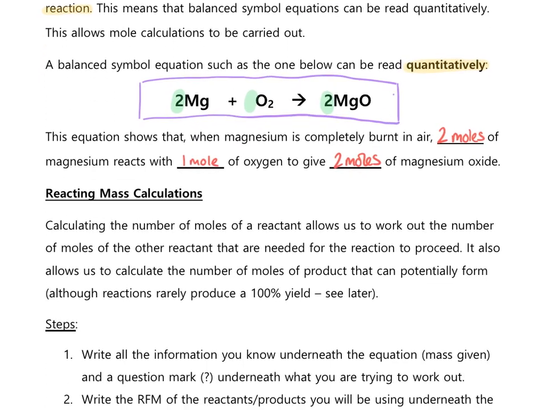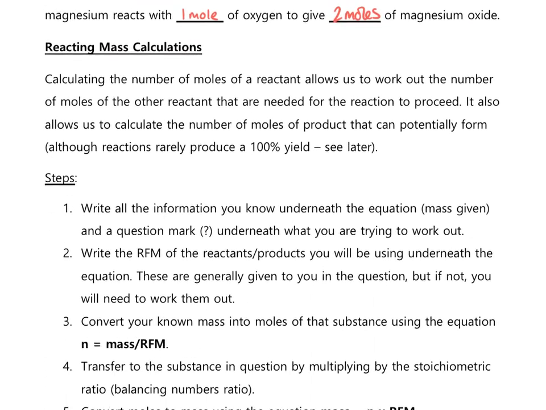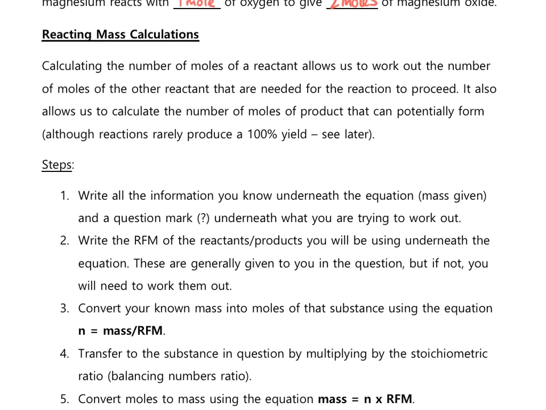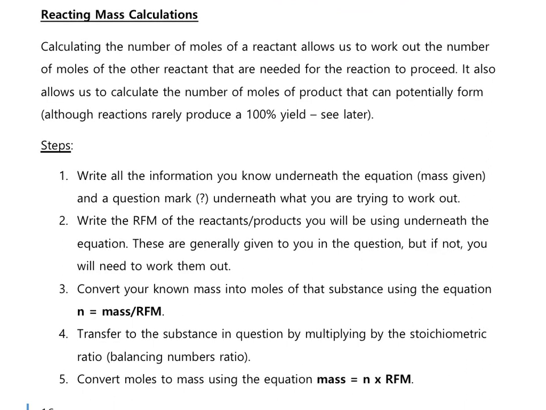Now these can seem a little bit complicated to start off with, but hopefully once you get the practice, you'll see that they're the same each and every time. And with plenty of practice, I think you will find these okay. So what we are doing in these calculations is calculating the number of moles of a reactant, and that allows us to work out the number of moles of the other reactant that are needed for the reaction to proceed.